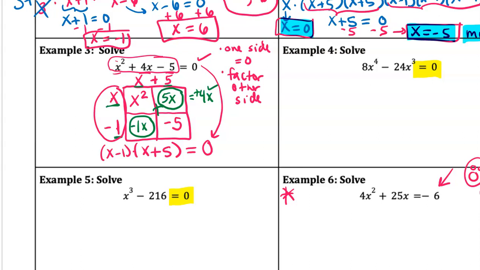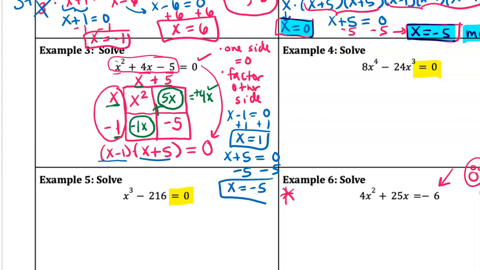So that tells me that either the x minus 1 is 0, and I solve that and I get a solution of x equals 1, or x plus 5 is 0. And I solve that and get a solution of negative 5. So that would be my answer to this question, would be those solutions of 1 and negative 5.